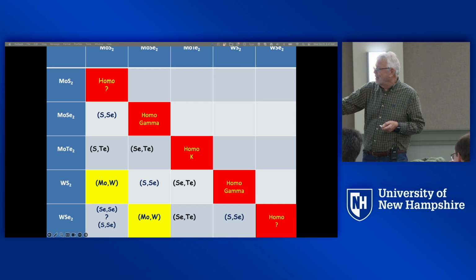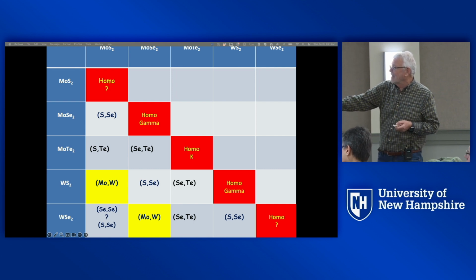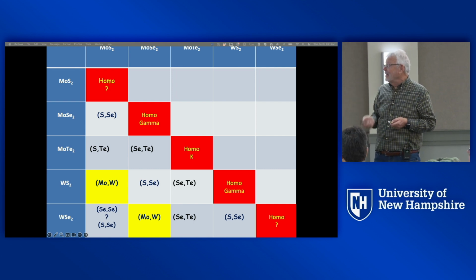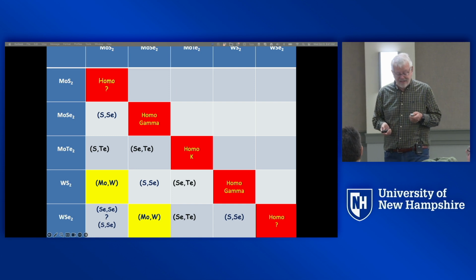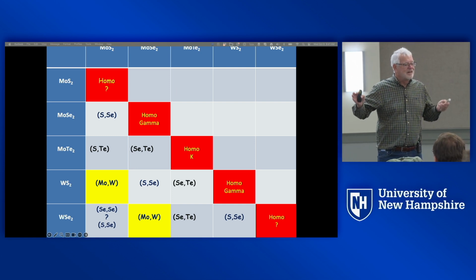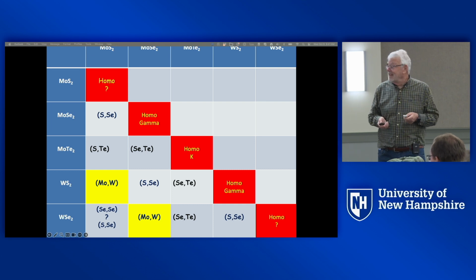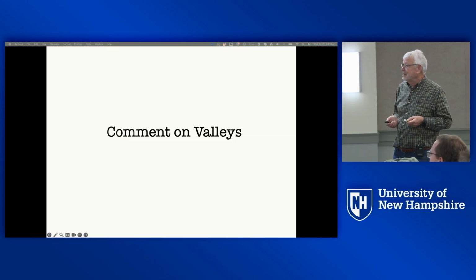So the moire periodicity is determined by twist angle. Here it's partly, for small twist angles, determined by the difference in lattice constant, and that's been an experimental advantage. So the main point here: many of these materials, only some of them have been explored at this point.